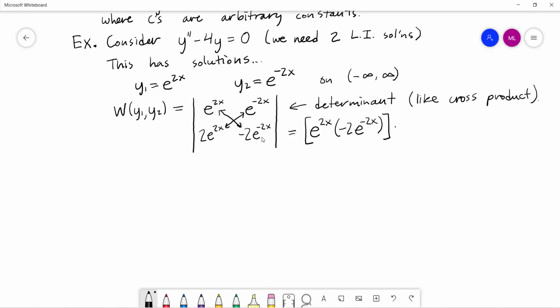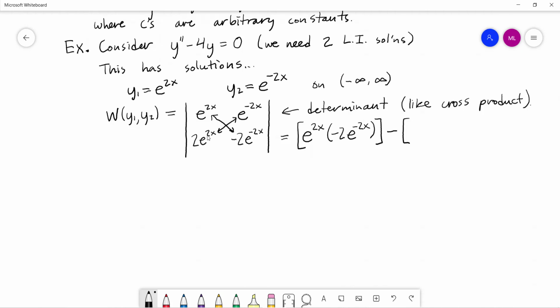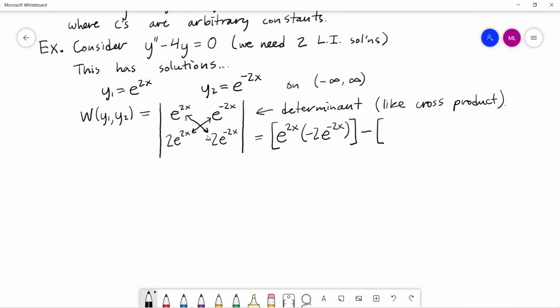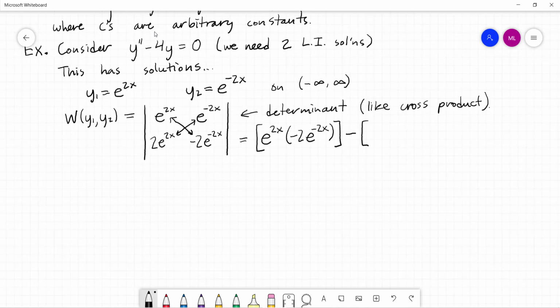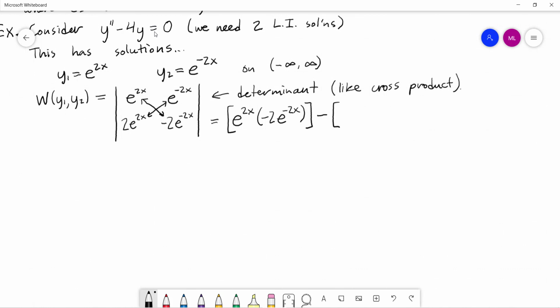And from that I'm going to subtract this one times this one. And for us, this is all you need to know. The formula gets a little bit more complicated when you get to a 3 by 3. But on exams and things of that nature, I'm never going to give you more than a 2 by 2 system. We'll stick to second order systems. So you don't need to worry about those for the other cases.